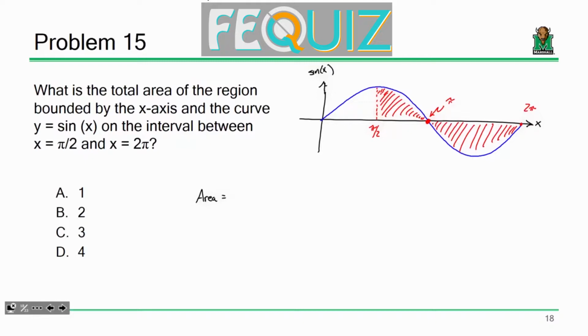First off, split it up. And because I have a negative region there, and I want to calculate just this area, absolute values.